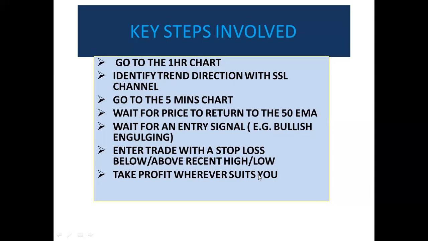Remember, on the 1 hour chart you're using the SSL channel, and on the 5 minute you're using the 50 EMA. Then wait for price to return to the 50 EMA. Wait for an entry signal, for example a bullish engulfing or a bearish engulfing, depending on whether you're taking a long or a short position. Then enter the trade with a stop loss below or above the recent high or low, and take profit wherever suits you.